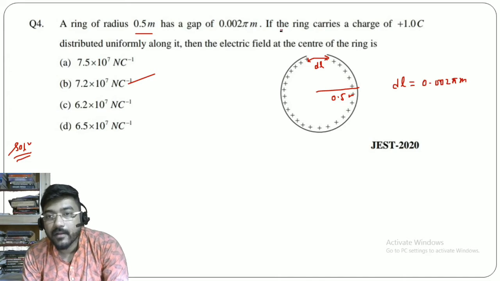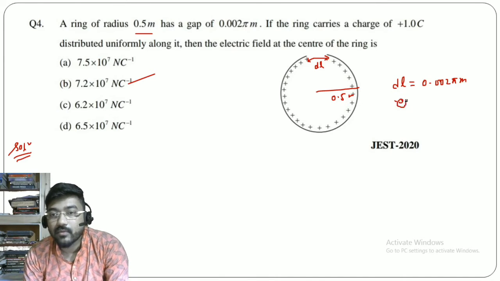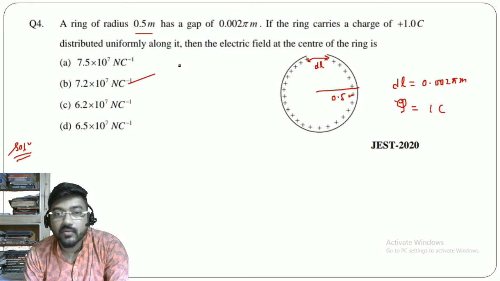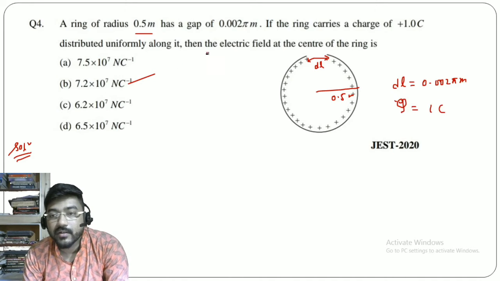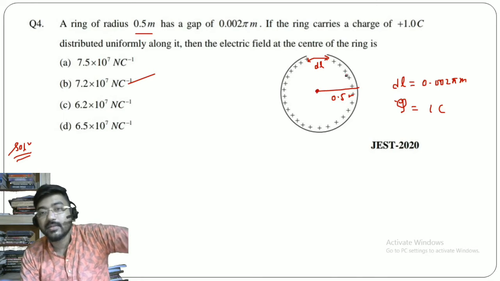Now if the ring carries a charge of 1 coulomb, so total charge q is 1 coulomb distributed uniformly along the ring, then what is the electric field at the center of this ring, at this origin?